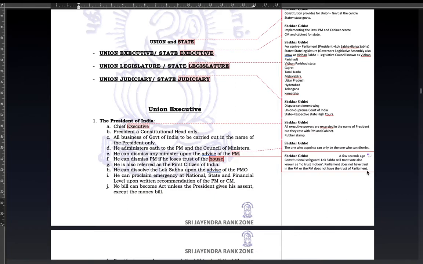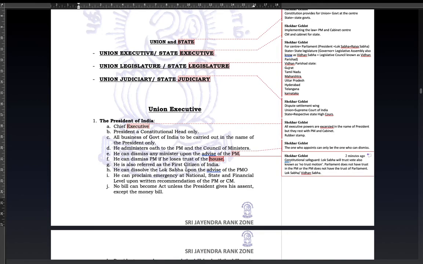So in this particular case, a trust motion can happen only in the Lok Sabha, or for a CM in the Vidhan Sabha. If this no trust motion is passed by a majority of members, more than 50% of members saying that we do not have trust in the Prime Minister, then the President will dismiss the Prime Minister as well.